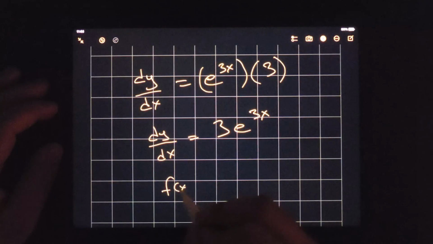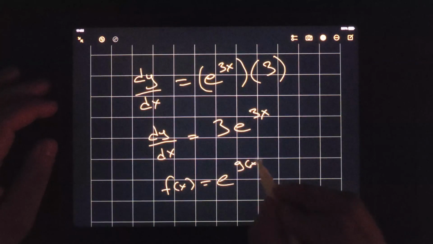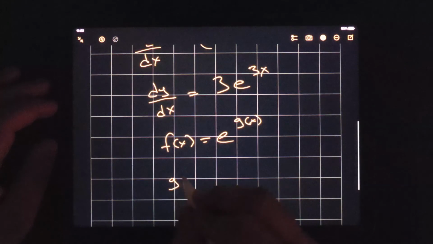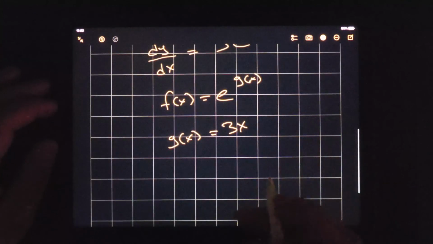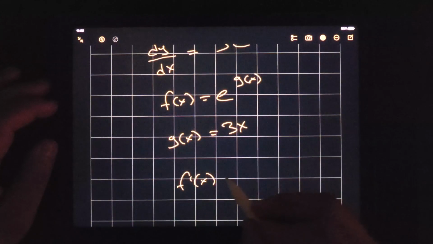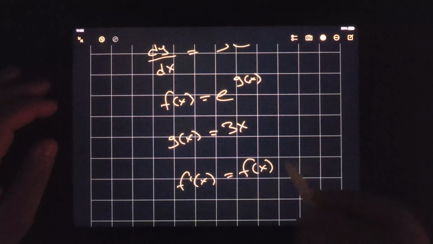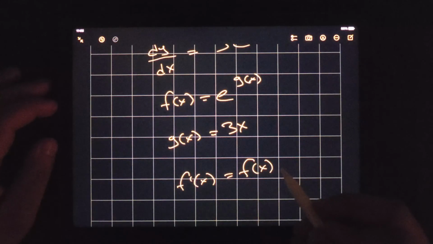Let me see if I can get this right. If f of x equals e to the g of x, and my g of x is 3x, then f prime of x is going to be e to the g of x times g prime of x.